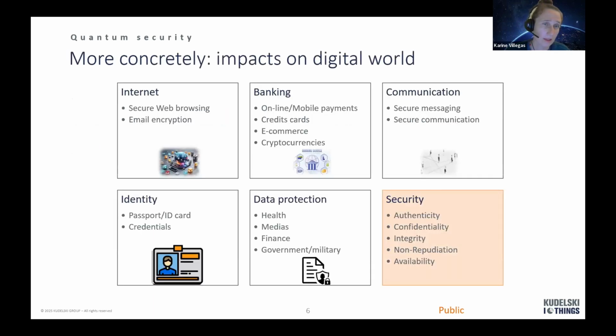So more concretely, if we think about what Derwin just presented, we should have in mind that all our digital world relies on classical asymmetric cryptography such as RSA and elliptic curve. On the internet, all secure web browsers and email encryption, and for banking, we have devices and servers that rely on certificates and PKI based on RSA, so they rely on large number factorization problems.